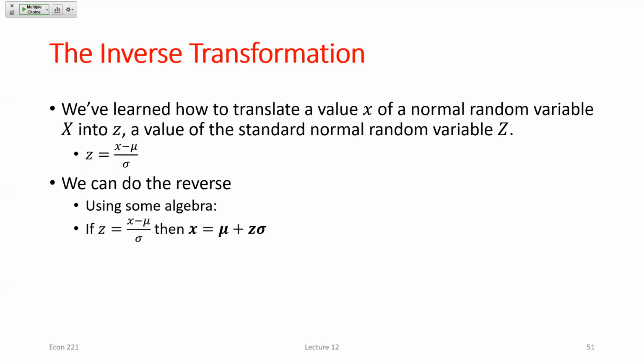So how could I do something like that? Well, if I rearrange this equation a little bit, I'm trying to find the x value that gives me 0.9 below it. I'm looking for that 90th percentile cutoff, and then 0.1 above it.